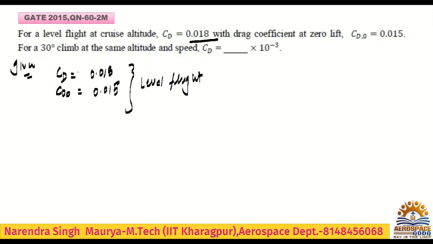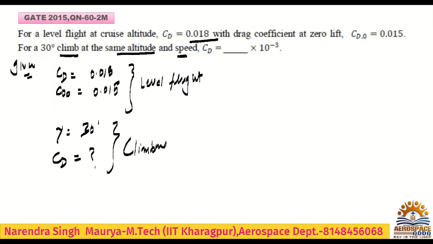The climbing angle is given as 30 degrees, and the same altitude and speed are given. You need to calculate CD. So this information is for climbing flight. That should be very clear.